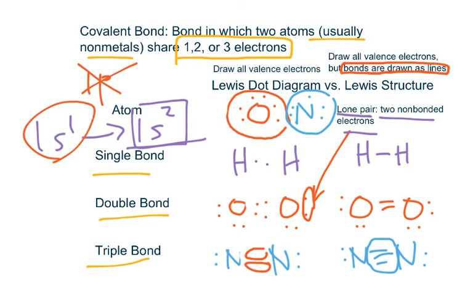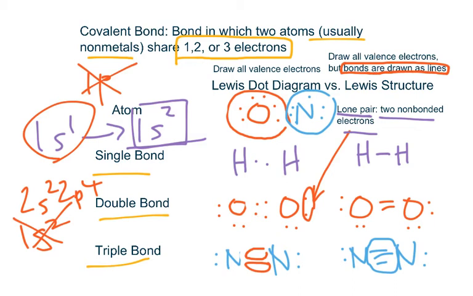Now for something like oxygen, it needs to fill both the s and p sublevels in order to have a full valence electron shell. So for oxygen, the valence electron configuration will be 2s2 and 2p4. We don't include the 1s2 because that's not part of the valence electrons.